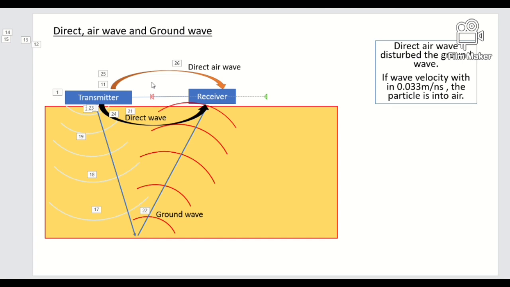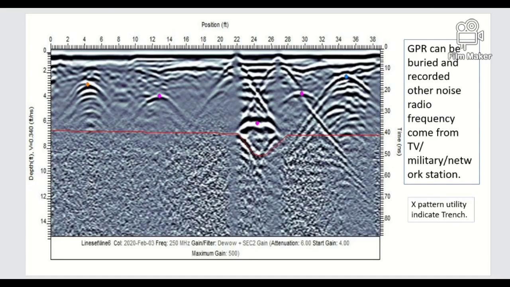So depth and velocity, we will see. If any other noise or air wave is detected through the receiver, it will give this type of black and white band on the line only.